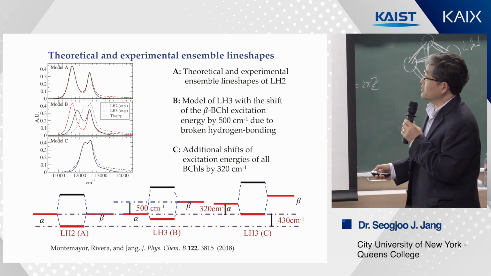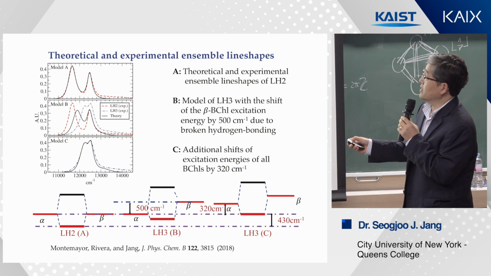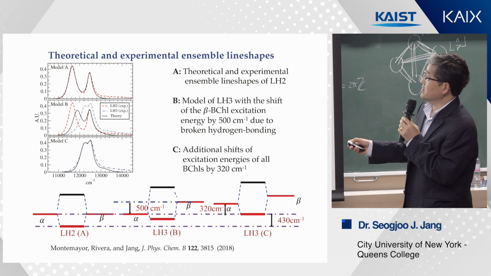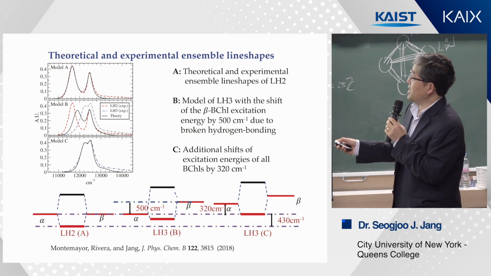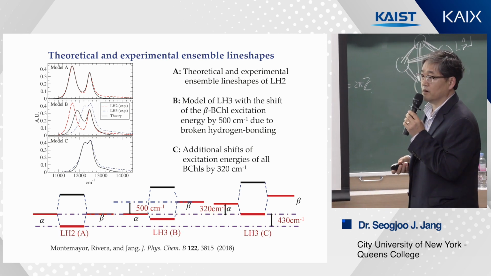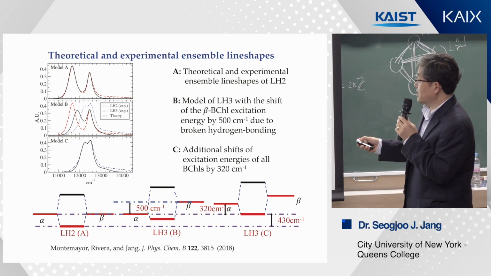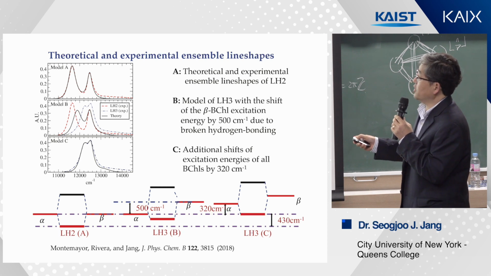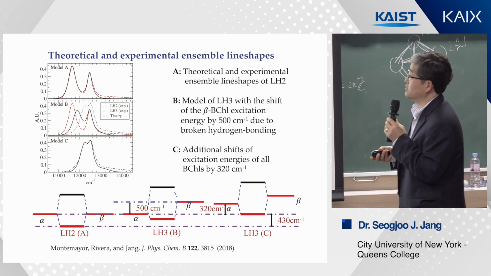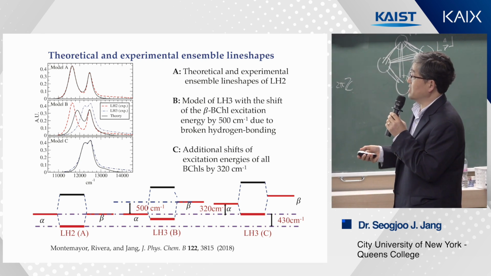And here are the line shapes for three models. The first one is the comparison of the theoretical line shape and the experimental one. They almost agree with each other. The small discrepancy in this part is because we neglected the higher vibrational components and other electronic states. The main thing is this part. It shows that for LH2, it is possible to model the experimental line shape almost perfectly.